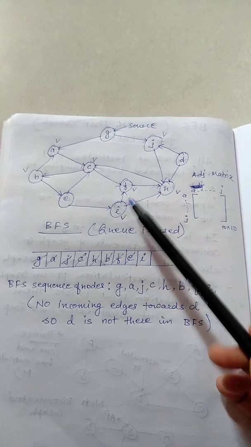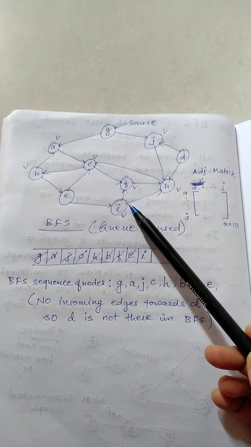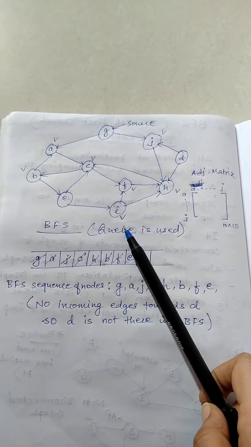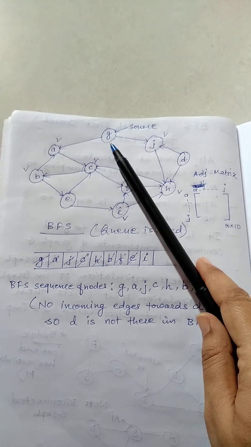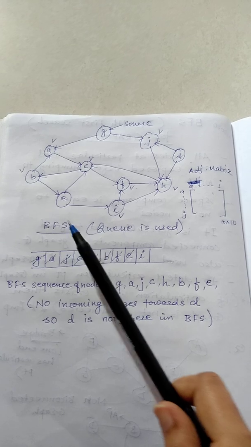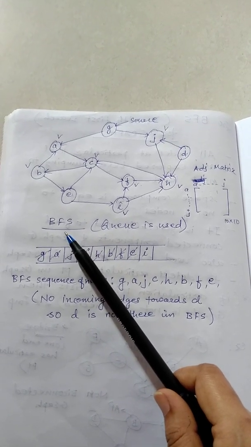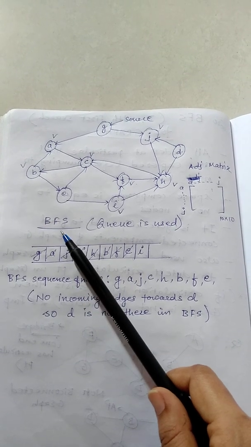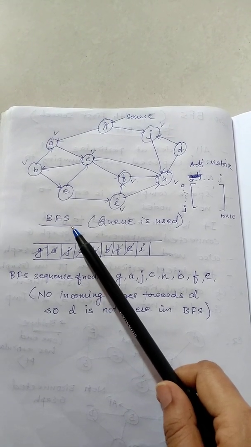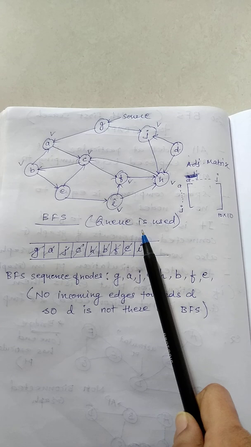Now we look for the breadth-first search sequence of this graph. We can find this BFS sequence from any source. So assume we consider G as the source. A queue is used for breadth-first search. We have also seen this in the case of trees. Breadth-first search is also known as level-wise traversing of the nodes.